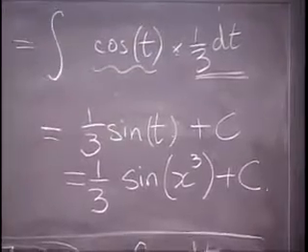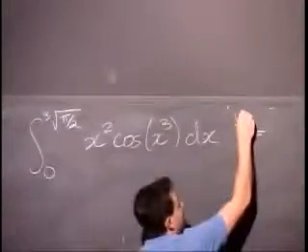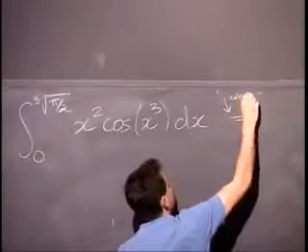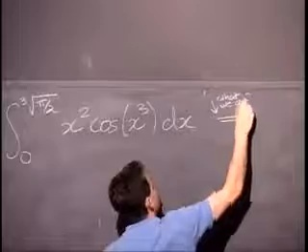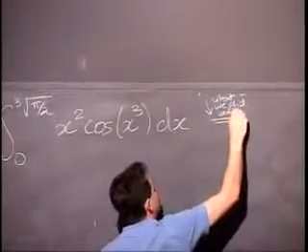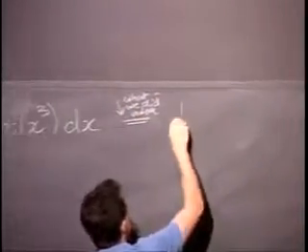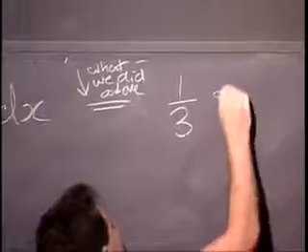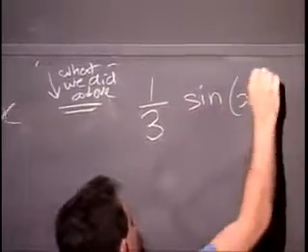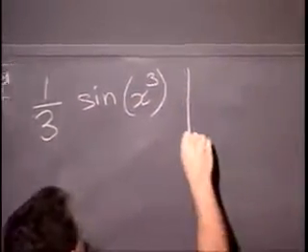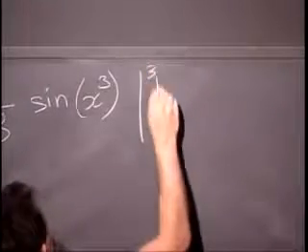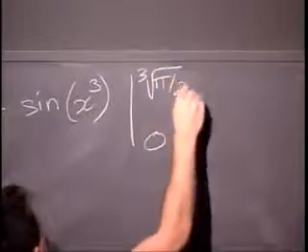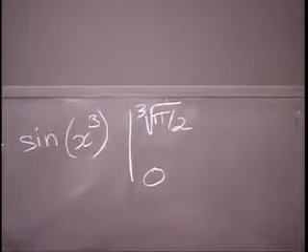So we could do what we did before, and you end up with an antiderivative. Forget about these bounds, just do what we did before, and we get an antiderivative of 1/3 sine x cubed. You don't need the plus c, so you go from 0 to the cube root of pi over 2. This is a completely legitimate way of doing it.